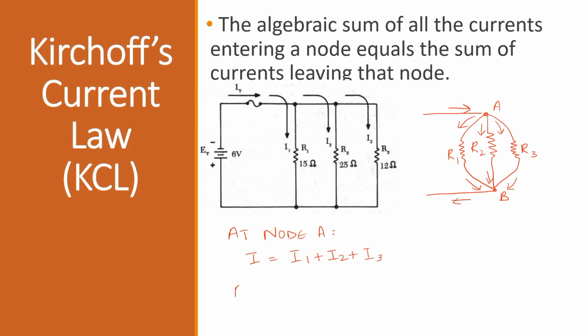So we can write it like this at node B, I1 plus I2 plus I3 is equal to I. So this is your Kirchhoff's current law.